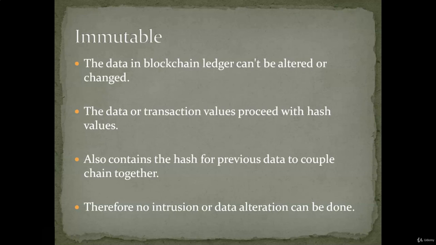The blocks that are connected to form a blockchain also contain the hash of the previous data to couple the chain together and to keep track of records. Therefore, no intrusion or data alteration can be done easily.